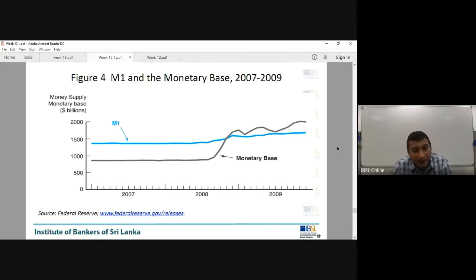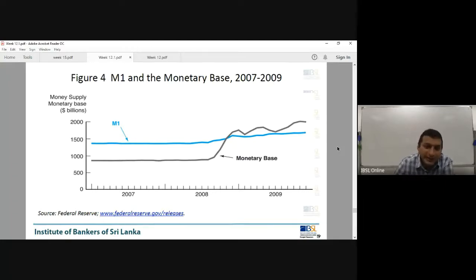See the monetary base from about 800, it's hitting more than 2 trillion. It got closer to 3 times increasing. And money supply, M1, was reasonably steady around the 1.5 trillion level.